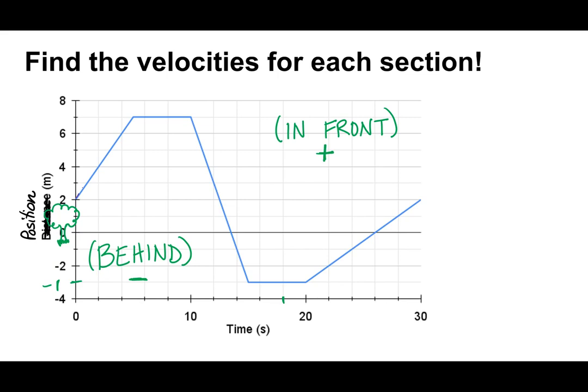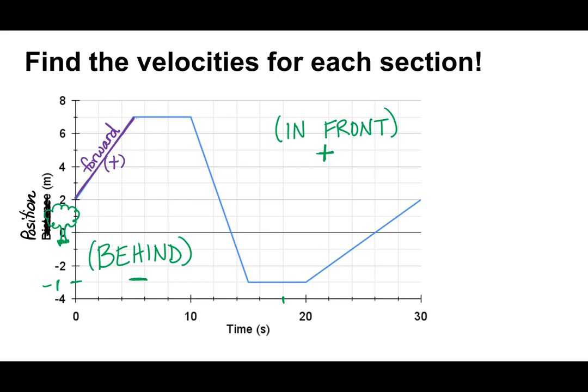So this section right here has a certain slope. The positive slope means we're moving forward because we are getting to larger positions relative to the tree. When it slopes up like this, it has a positive value, a positive slope.